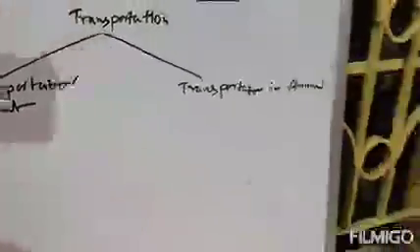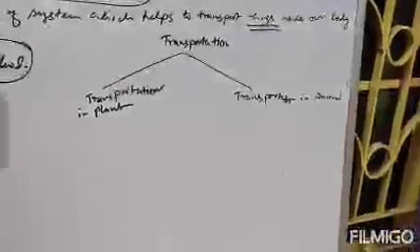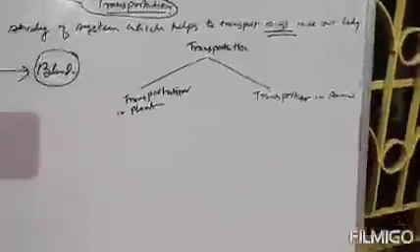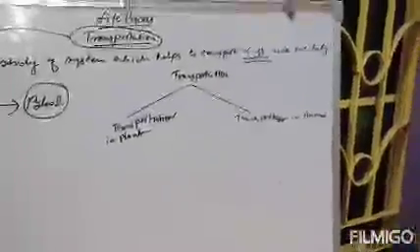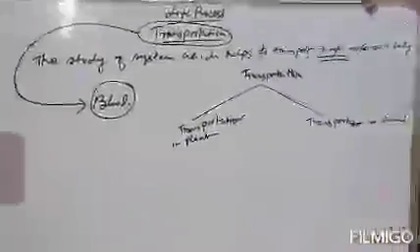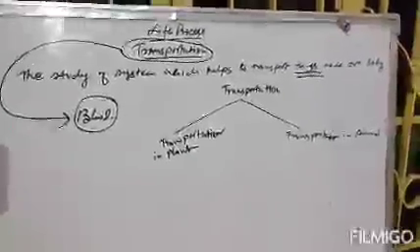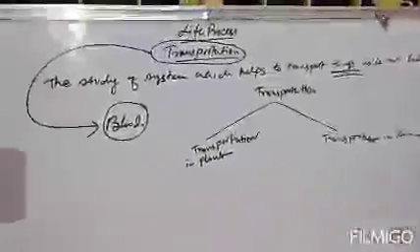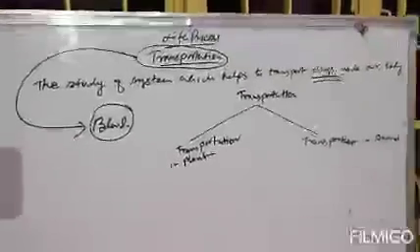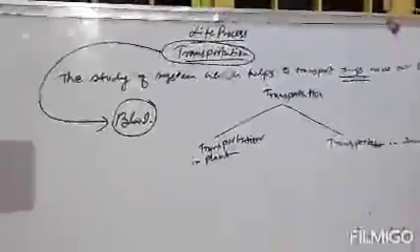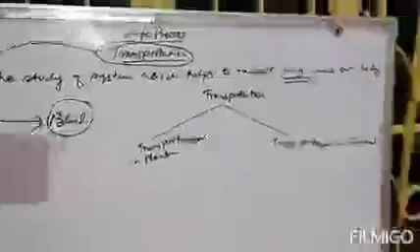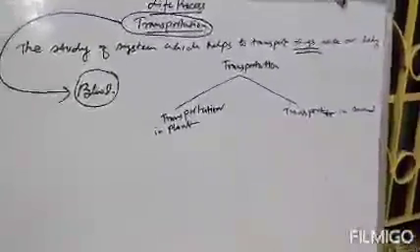This includes transportation in plant and transportation in animal, and one more is transportation in human beings. That is a special topic, transportation in human beings. I will discuss transportation in human beings in the next session. That means it is lecture part 1, and transportation in human beings will be discussed in lecture 4, that is part 2 of the lecture. Clear? So here there are only two topics, transportation in plant and transportation in animal.